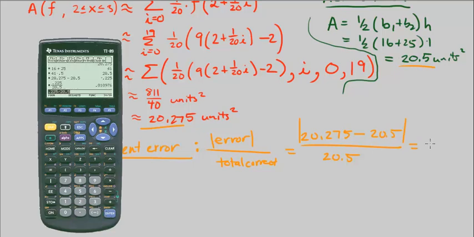And that's equal to 0.010976, right? And the percent then is going to be moving the decimal 2 to the right. So that's equal to 1.0976%.